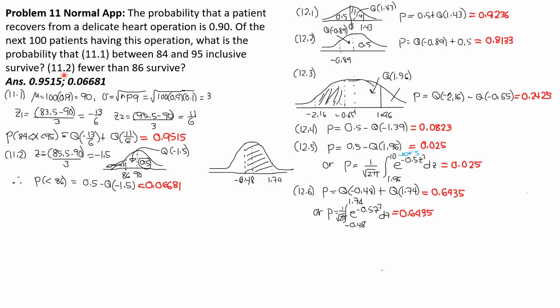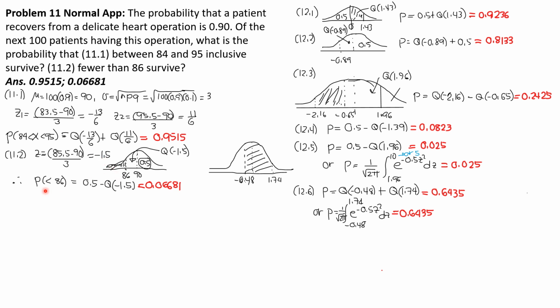Then 11.2, fewer than 86 survive. The probability that fewer than 86 survive is represented by this area here, and we take 0.5 to the left of 86.5, which is 85.5, minus 90, divided by the standard deviation of 3. So we get negative 1.5 as the z-score.